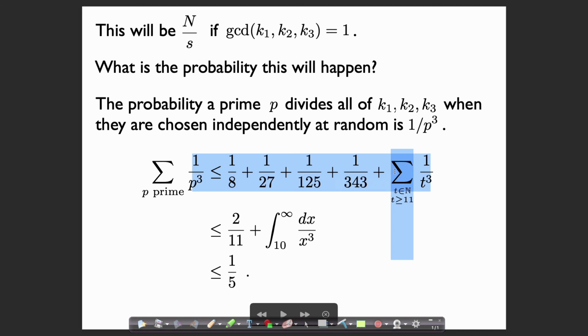So we can upper bound this sum just by the integral from x is 10 to infinity of 1 over x cubed dx. Okay, so this we can just explicitly compute, and we upper bound this sum by 1/5. Okay. So that means that with probability at least 4/5, we will be in this good case that the K1, K2, K3 that we see from the algorithm, their greatest common divisor will be 1.